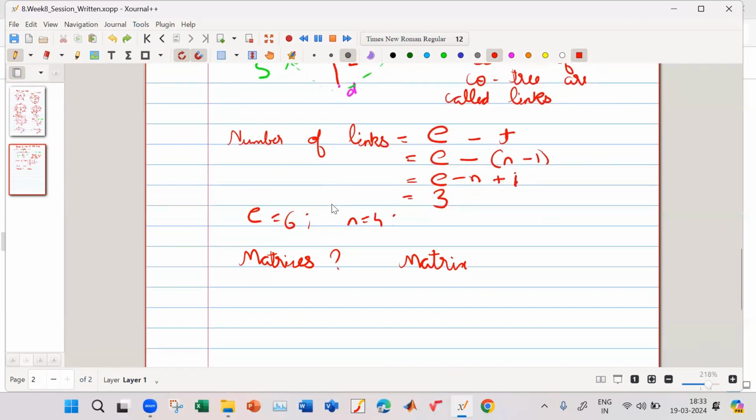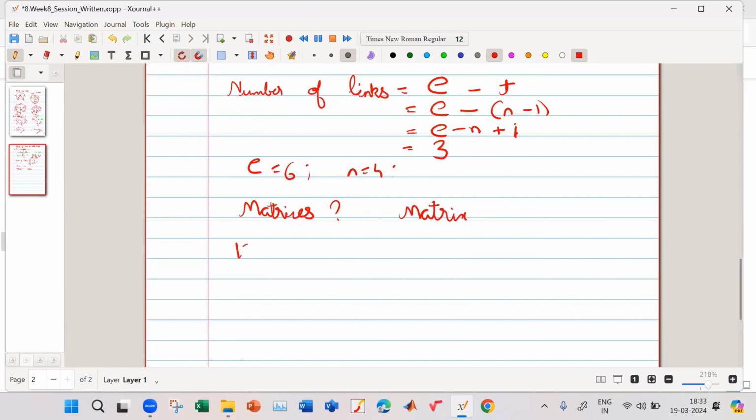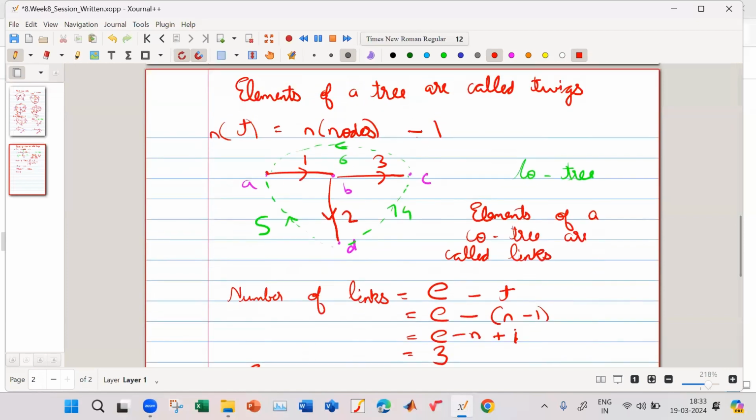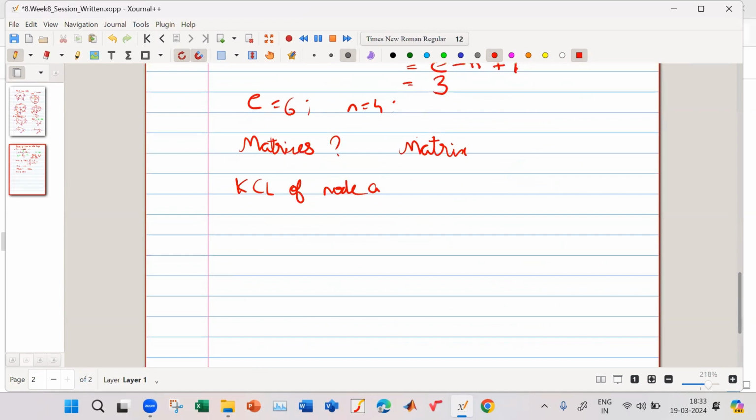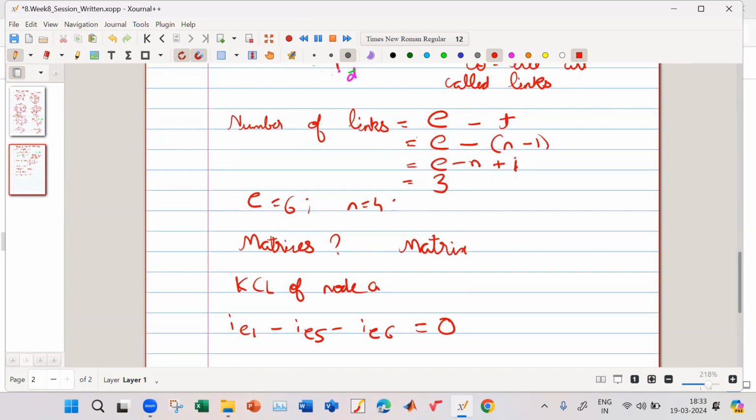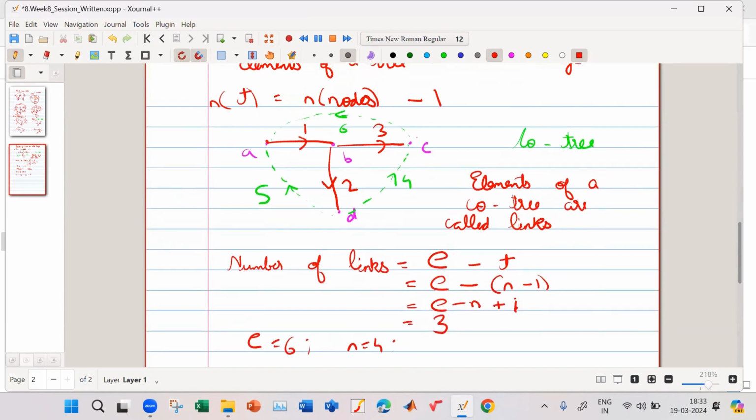Okay, let us do KCL of node A. So how did you decide which is plus and which is minus? Sir, we take the outgoing as positive, so all the incoming are negative.